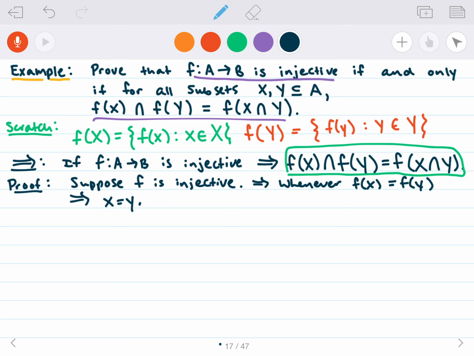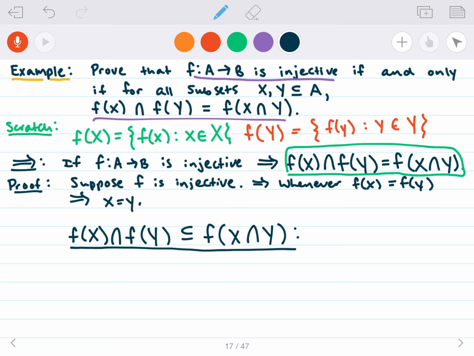For set equality, we're trying to show both containments. We want to show first that f of X intersect Y is contained in f of X intersect f of Y. This is the first thing we're going to show.